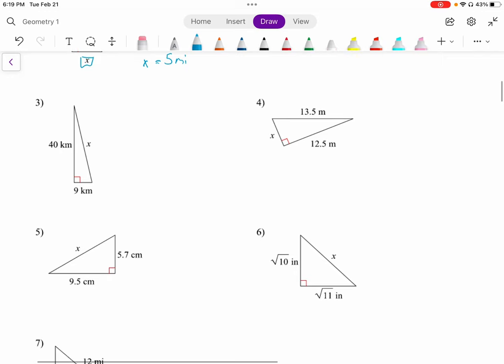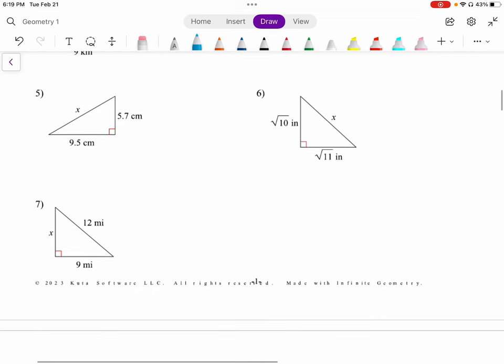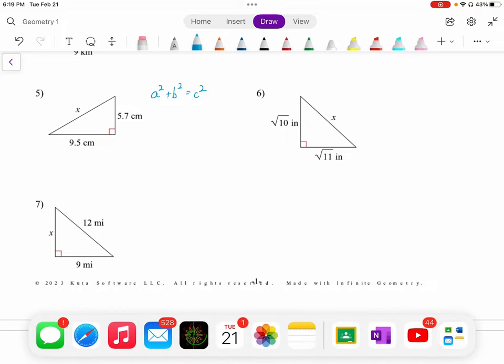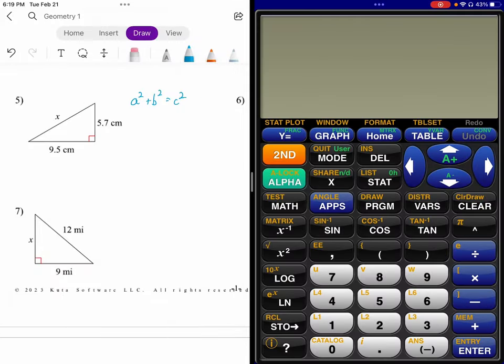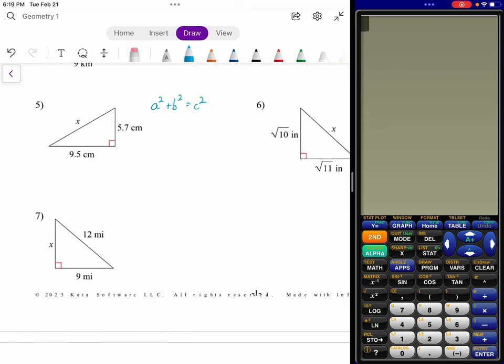Let's come down to number 5. Let's look at number 5. Once again, we do have a right triangle, so we know that leg squared plus leg squared will equal hypotenuse squared. I'm going to pull up the calculator for this one. One of our legs is 5.7, so 5.7 squared, plus another leg, which is 9.5 squared, is equal to the hypotenuse squared.